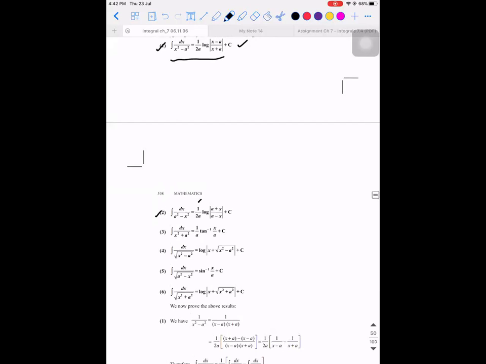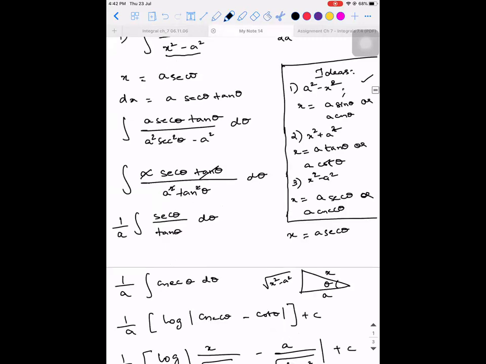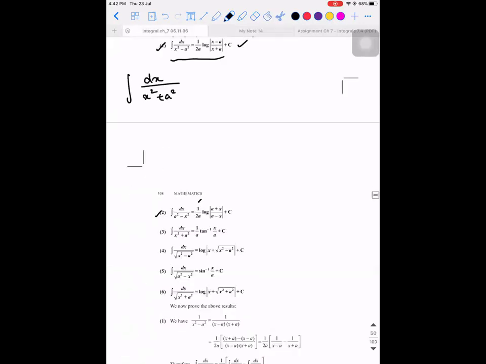Yes, sir. So third one, observe integral of dx divided by x square plus a square. So what x square plus a square means, what should I put? A as tan theta or cot theta. So if I put x is equal to a tan theta, dx will be equal to a secant square theta d theta.